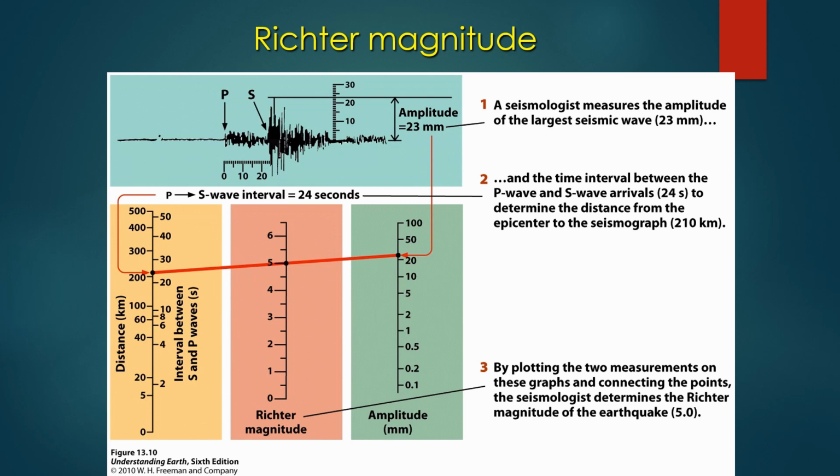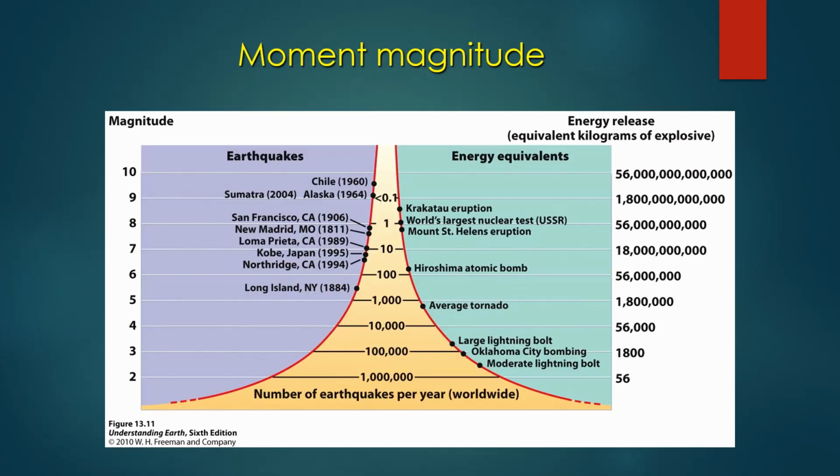is the Richter magnitude of the earthquake. The moment magnitude is a measurement of earthquake more directly related to the physical properties of the faulting that causes the earthquake. The moment magnitude of an earthquake is defined by the average slip across the rock break. It increases by about 1 unit for every tenfold increase in the area of faulting.